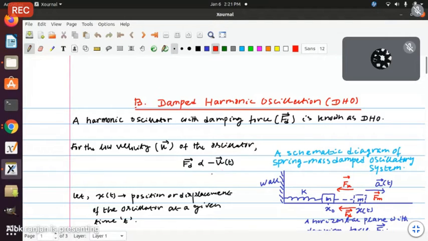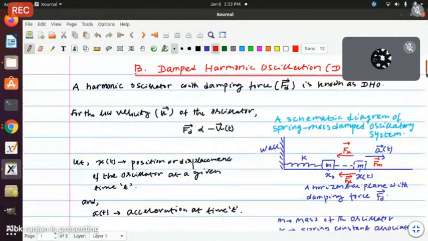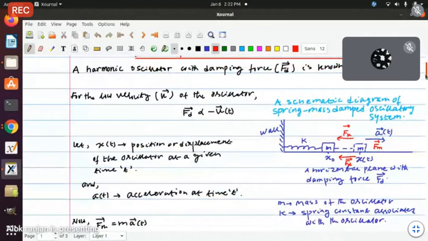So now we know how the damping force relates to the velocity, which is one of the parameters associated with an oscillator. Again, we'll progress the same way we did for the simple harmonic oscillator. By the way, I am audible, right?